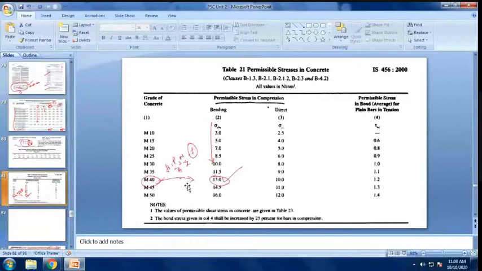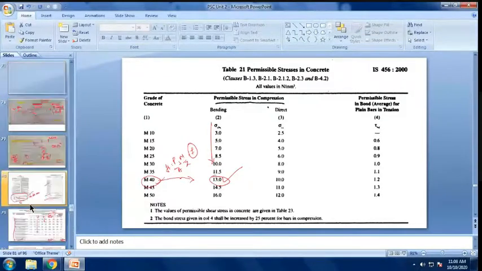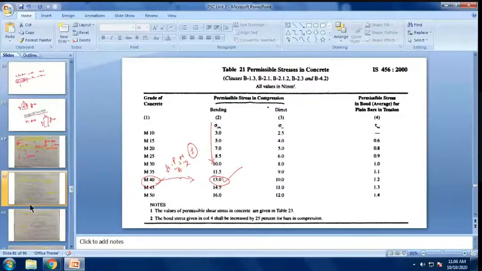See, for M40 the permissible stress in the concrete is 13, but I have got 7 Newton per mm square. Therefore, it is safe in stress. This is how we will go for the two-way slab design. Just I will go once again.